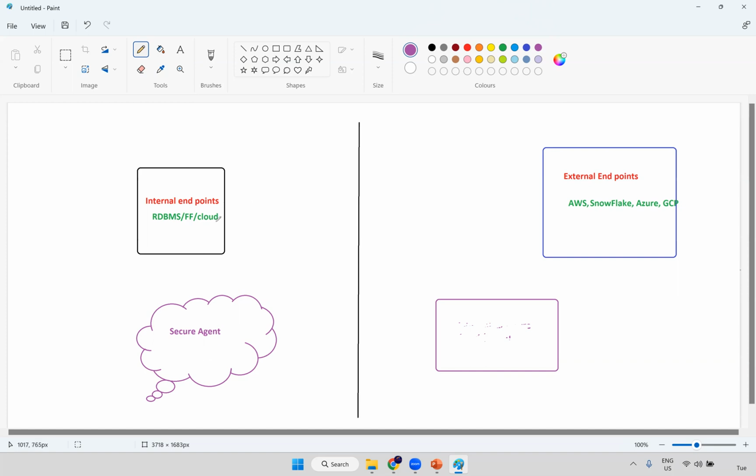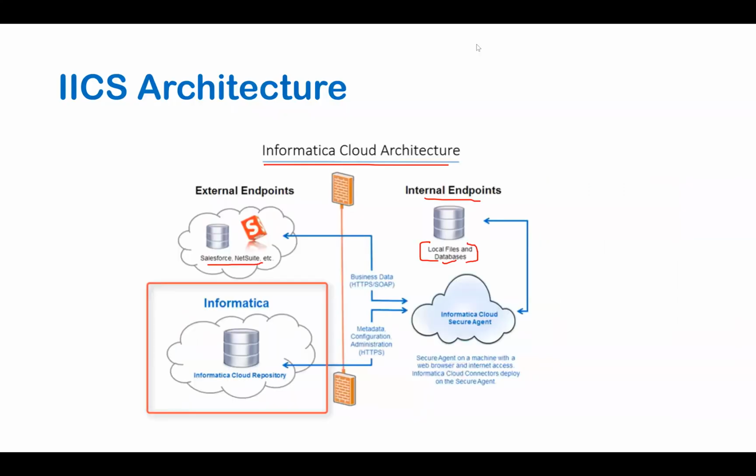The Secure Agent will take control, and it will handle the firewall. Whatever you are moving from the internal endpoints to the external endpoints, so whatever you are sending, see here: this is our external endpoint, and this is our internal endpoint, which means our local databases and everything.